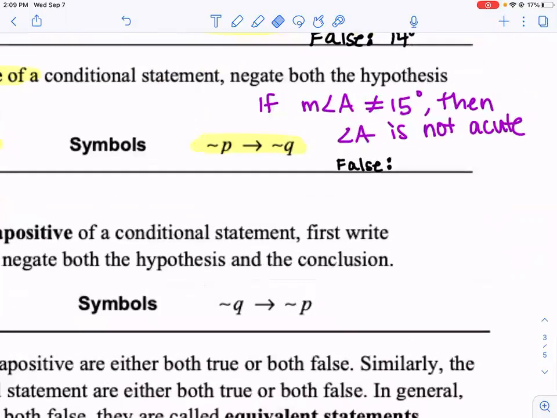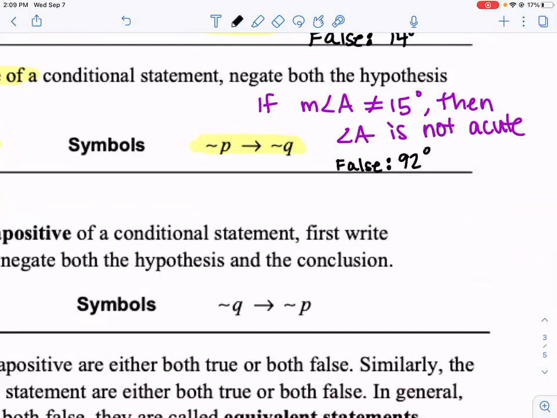Okay, let's argue in an organized manner. This is not 15.